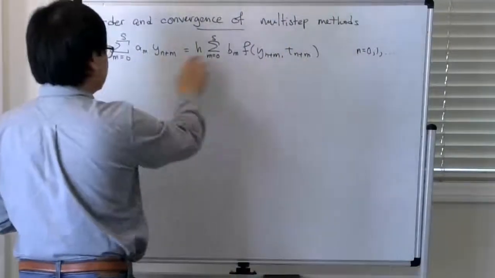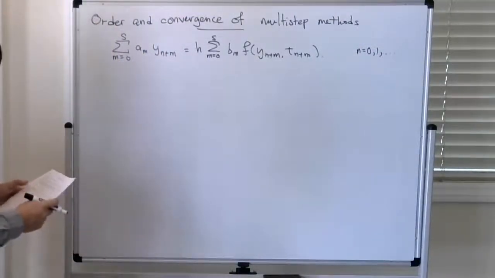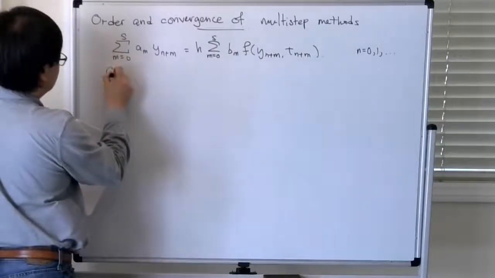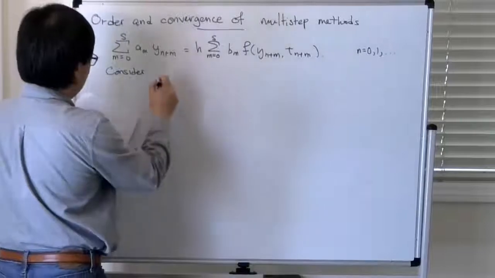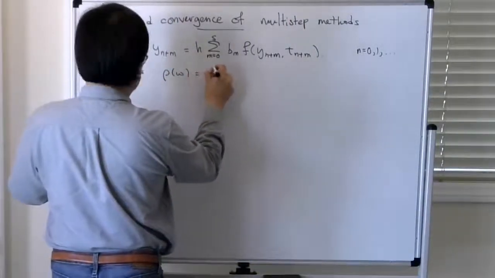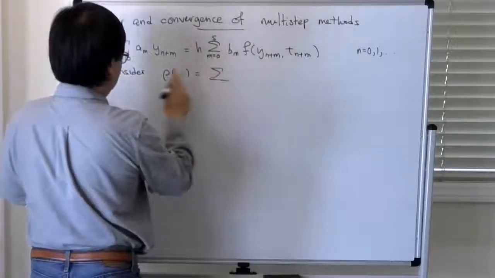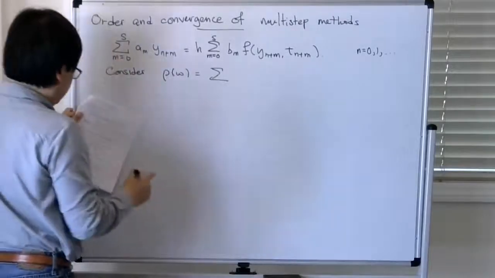Okay, so I'm just going to leave the general form of the linear multi-step method there. So I'm going to consider rho of w, which is obtained by using the coefficients in this first term here.